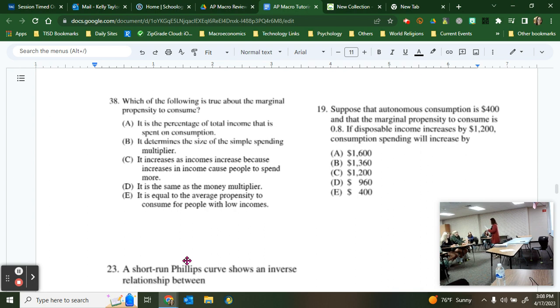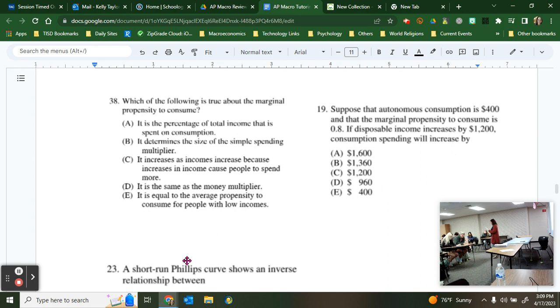It is not a percentage of total income that is spent on consumption. It is not A. Does anyone know what A is describing? MPC means there's been some sort of change in your income and therefore change of consumption. So A is describing APC, average propensity to consume, and not marginal propensity to consume.